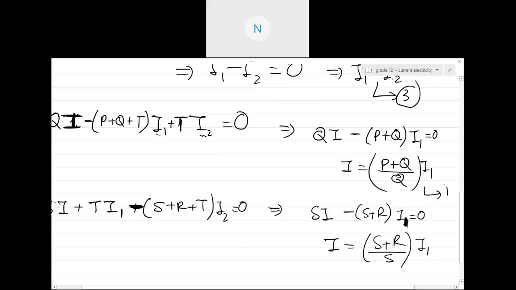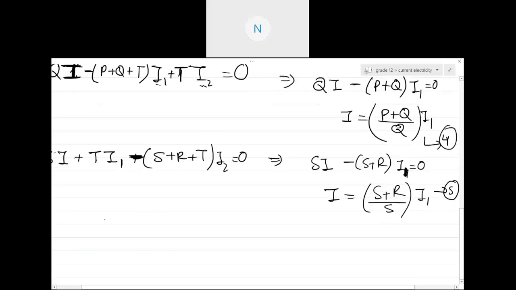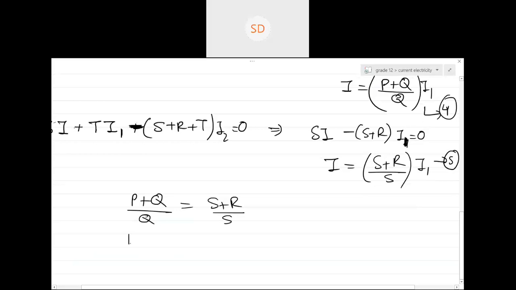So can you see from equation 4, both are equal to I. So can I equate them? So P plus Q by Q will be equal to S plus R by S. Can I divide? Will it be 1 plus P by Q equal to 1 plus R by S? Yes or no?